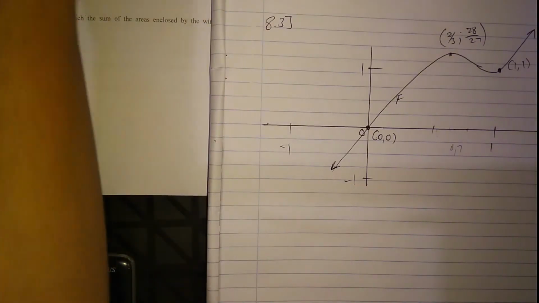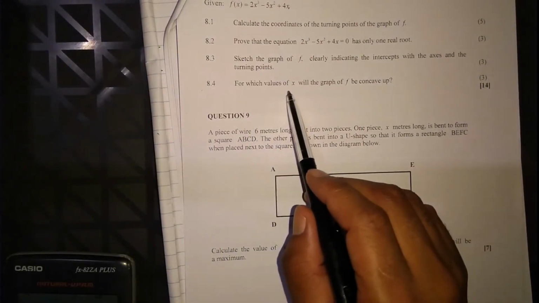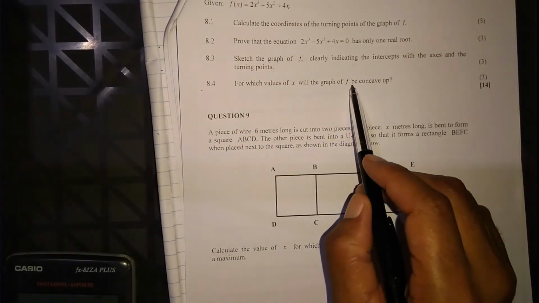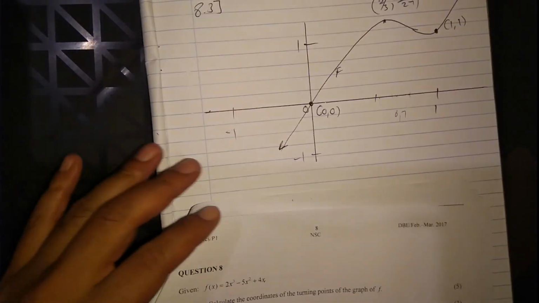Now the last question, Matigiti 8.4, for which values of x will the graph of f be concave up? Concave up. There's a point esibiza ngokuthi the point of inflection. The point of inflection is telling concavity, or that's where graph yethu change concavity.